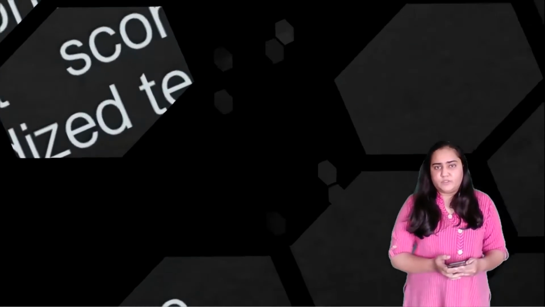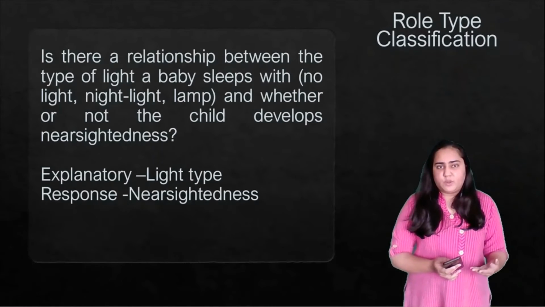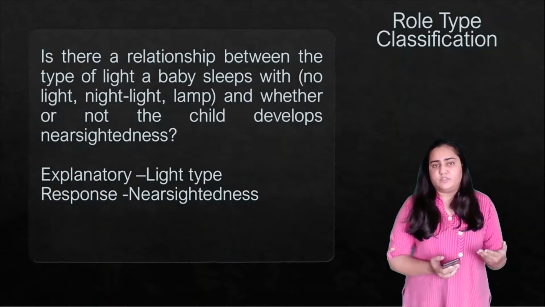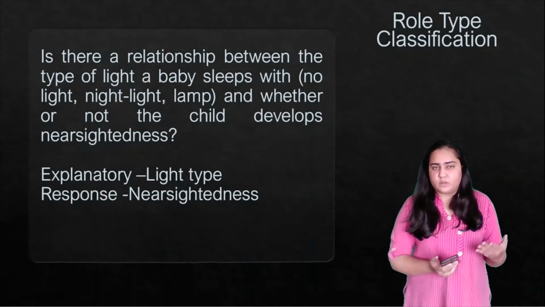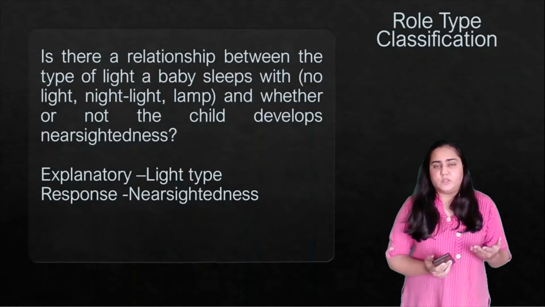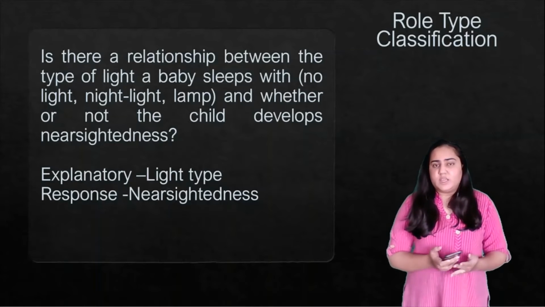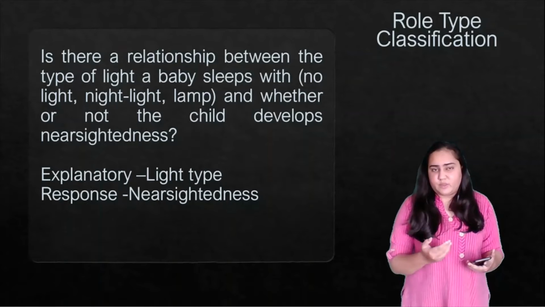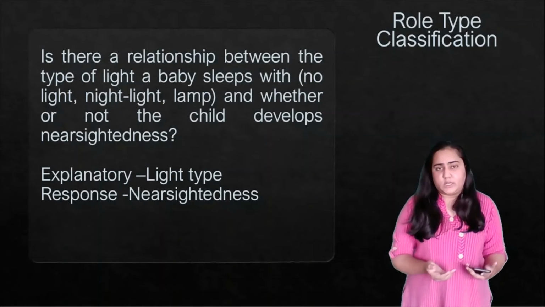Let us see another type of question. So another type of question that we saw is, is there a relationship between the type of light a baby sleeps with, which can be no light, night light, or lamp, and whether or not the child develops nearsightedness? Now, once again, based on the question, we can see what we need to predict is whether the child can develop nearsightedness.